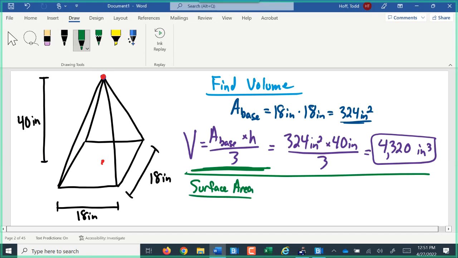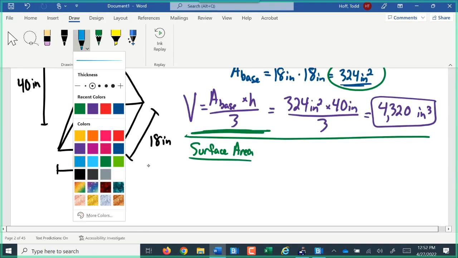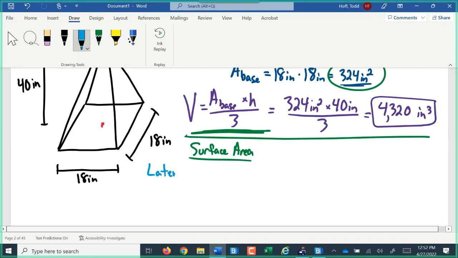For surface area, there are 2 slight changes. One is there's only one base. It's only the area of one base. We already have that. The second change is our lateral area. Our lateral area is still the perimeter of the base, but it's not times the height anymore.